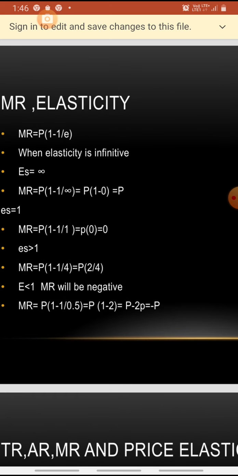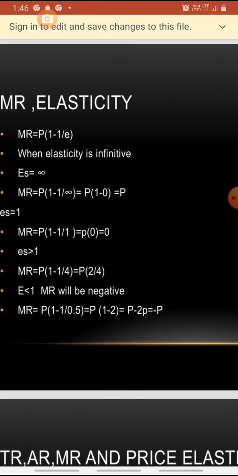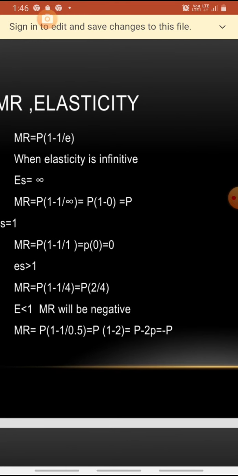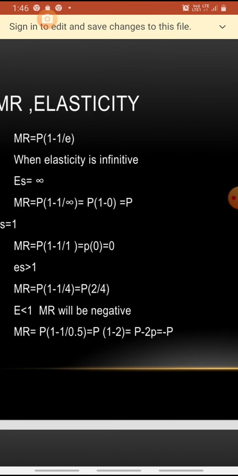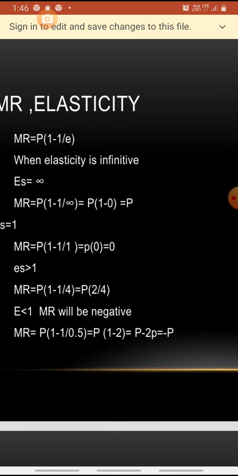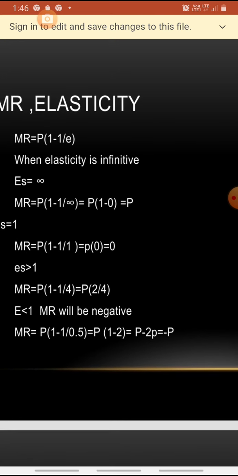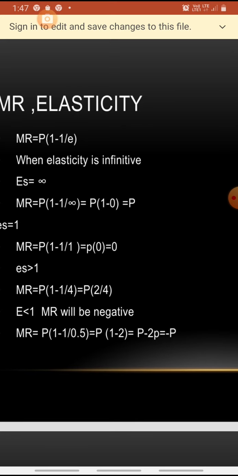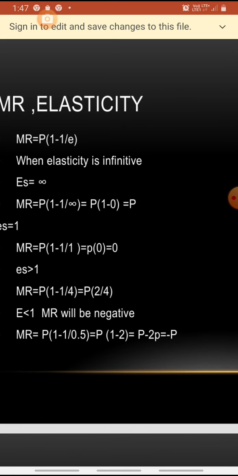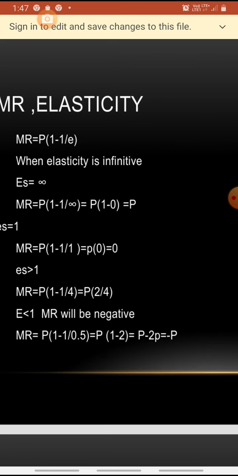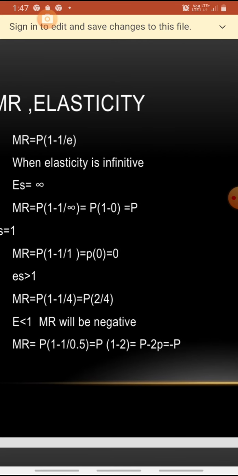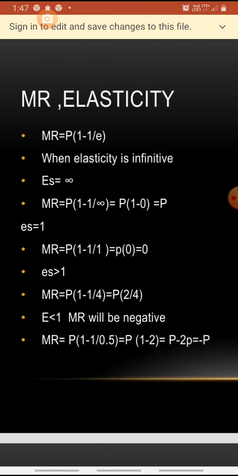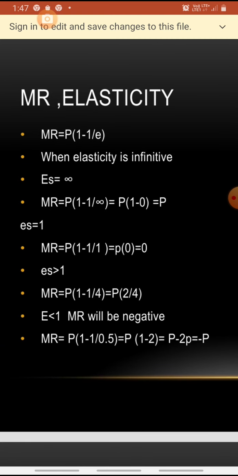MR is equal to P into 1 minus 1 by infinity. 1 by infinity is equal to 0. So 1 minus 1 by infinity is 1, and P into 1 is equal to P. When elasticity is infinite, MR will be equal to the price.